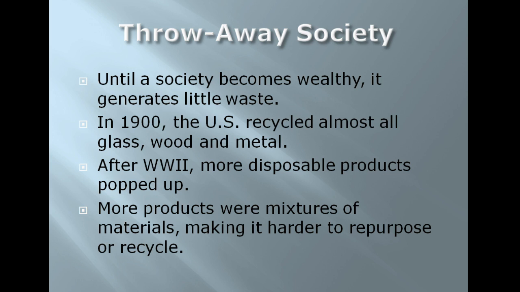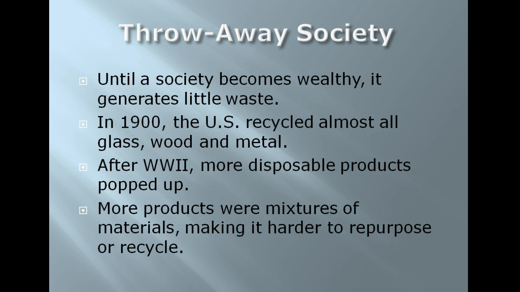After World War II, there was the baby boom, so population was growing. Moms were starting to go to work, not really until like the 60s, but there started to become more disposable products. You had the first TV dinners, you had paper towels, you had paper plates. In the 60s, disposable diapers eventually replaced cloth diapers.